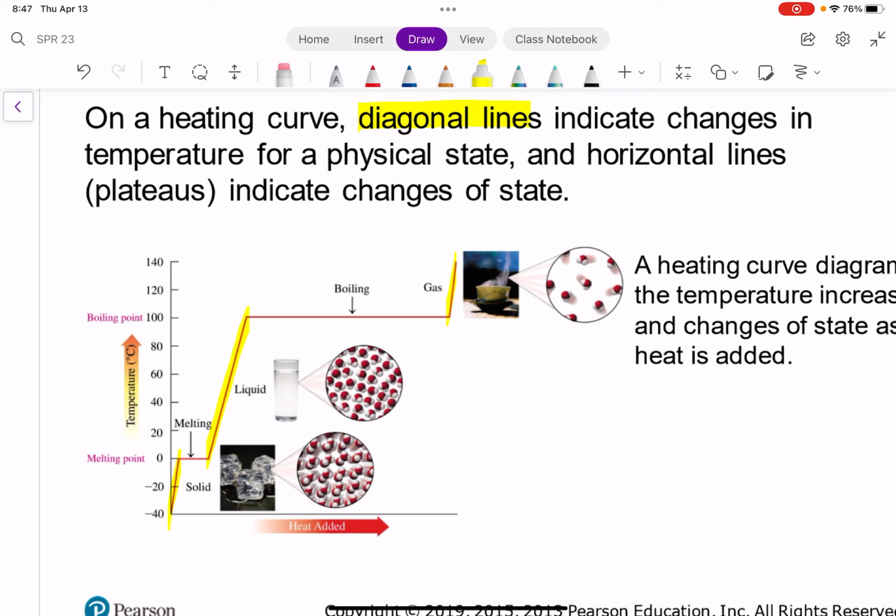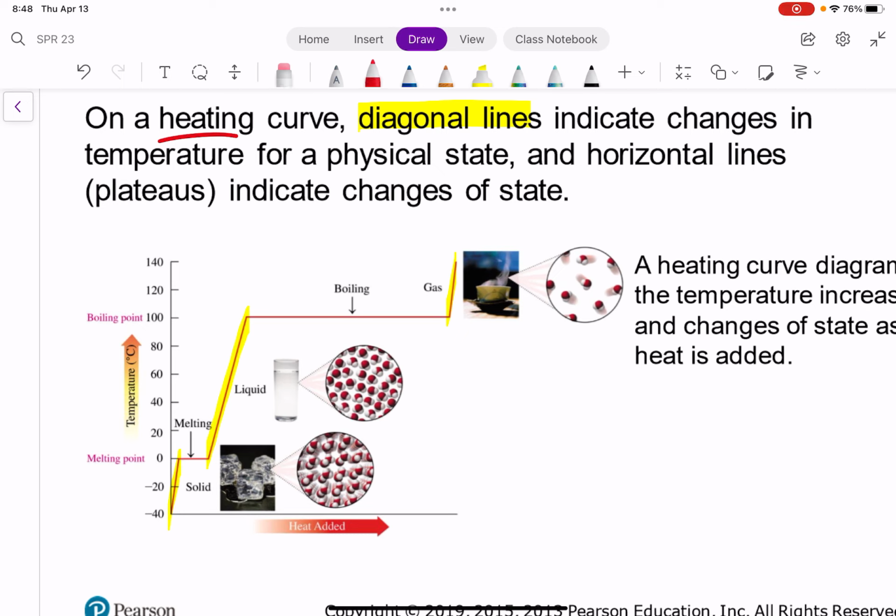Diagonal lines, those aren't horizontal, those are diagonal, those are indicating changes in temperature. In this case, this is a heating curve, right? So on our x-axis, we're getting from low heat to high heat. We're adding heat as we go right.